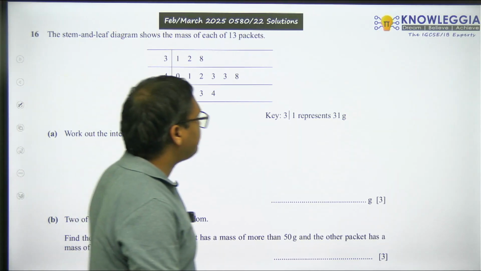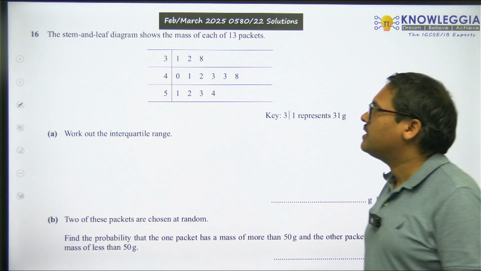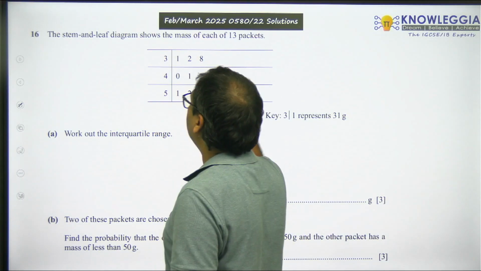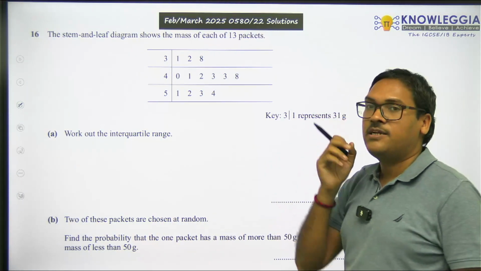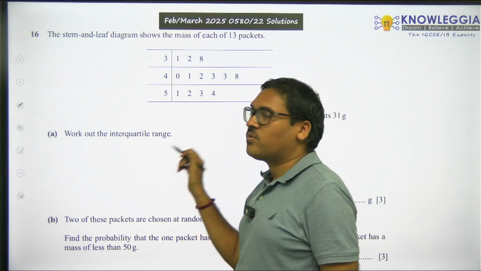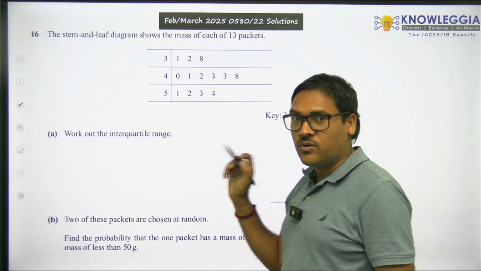So here we have a stem and leaf diagram. The question says the stem and leaf diagram shows the mass of each of 13 packets. Work out the interquartile range. Now what is the interquartile range?